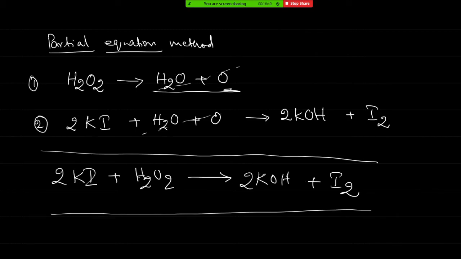So that is why we first wrote two separate equations, and then we looked at what is on the left side and right side of equations 1 and 2. What is common, we struck off, and then we wrote this equation. So here only 2 KI, potassium iodide, with hydrogen peroxide gives rise to potassium hydroxide plus iodine.